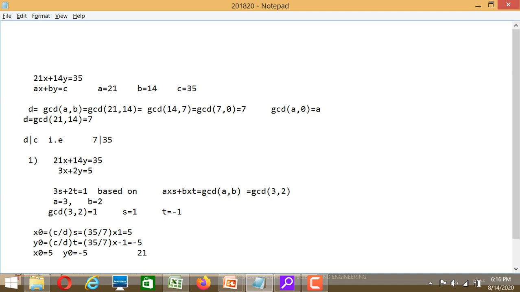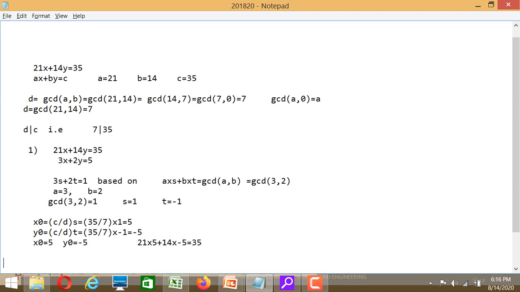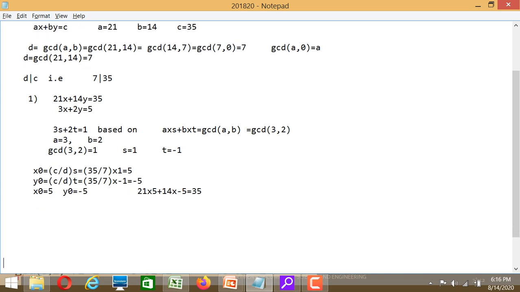Now 21 into 5 plus 14 into minus 5 is equal to 35. Now how to find the general solution.